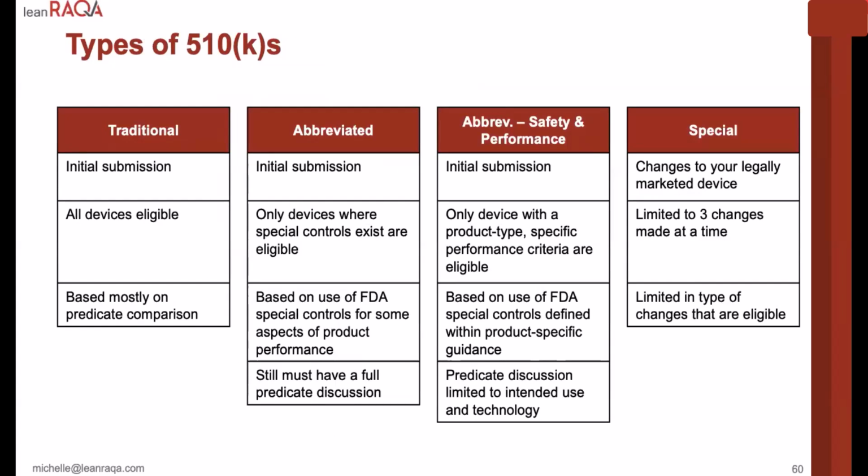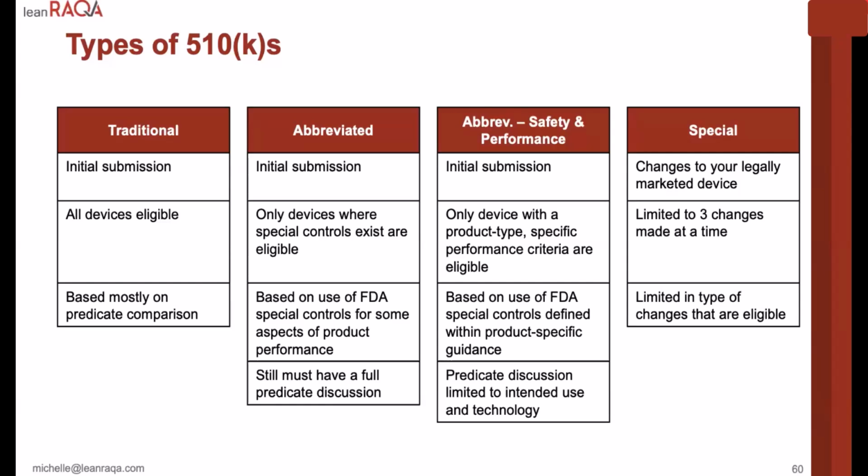So types of 510Ks, these can be traditional. These make up the bulk of 510Ks. They can be abbreviated, where they're based off of a special controls guidance document that's product specific. They can be abbreviated safety and performance, which is a kind of newer pathway for the FDA, and it has a very specific guidance document with specific testing and specific acceptance criteria as well.